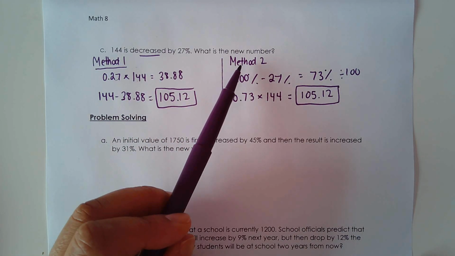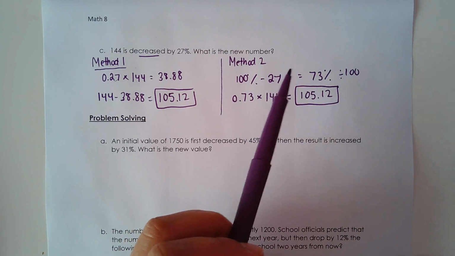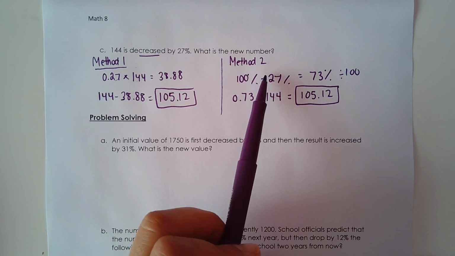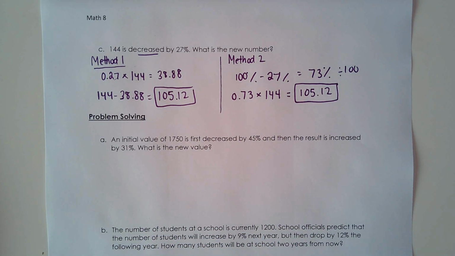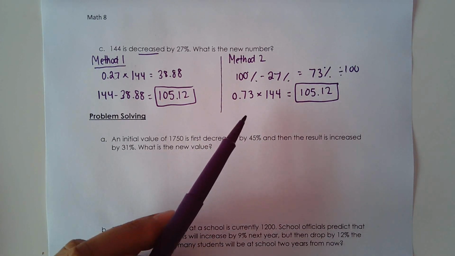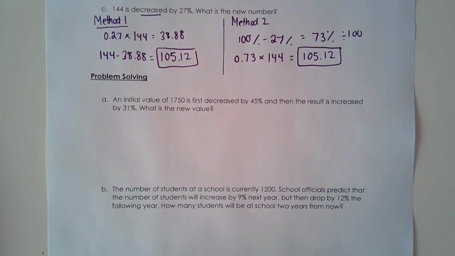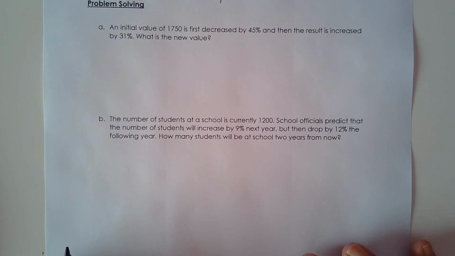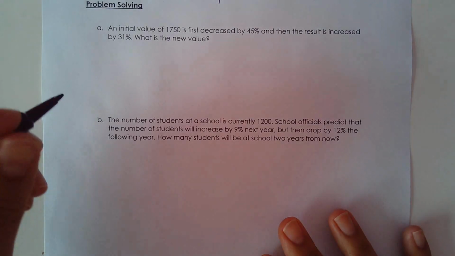And in method 2, we combine the percentage first, and we subtract 27% to give us 73%, and we divide it by 100, multiply it by 144. Okay, so that's the skill. And now what we're going to do is we're going to do two problem solving questions. I'm going to just use method 1 here. You're welcome to use method 2 as well and see if you come up with the same answer.